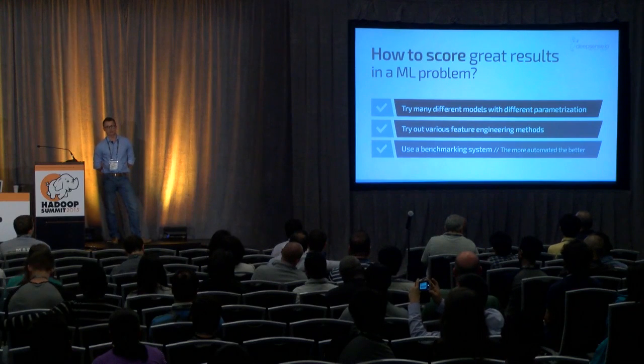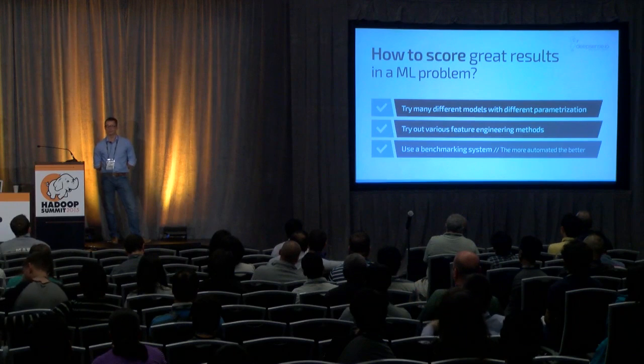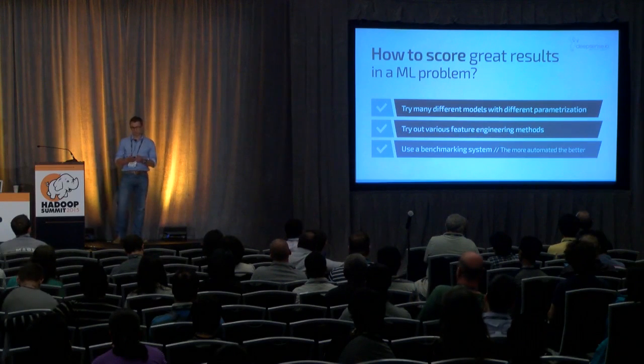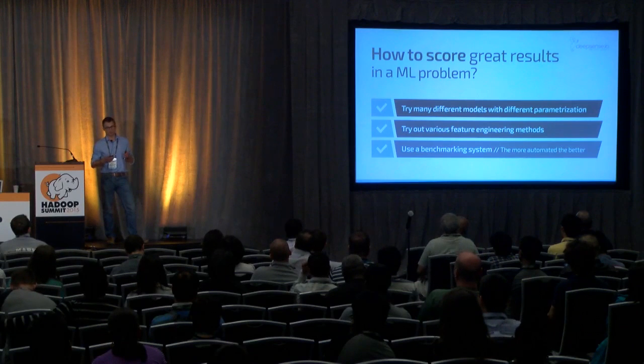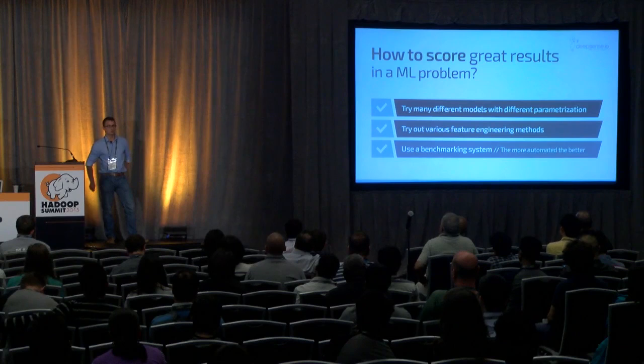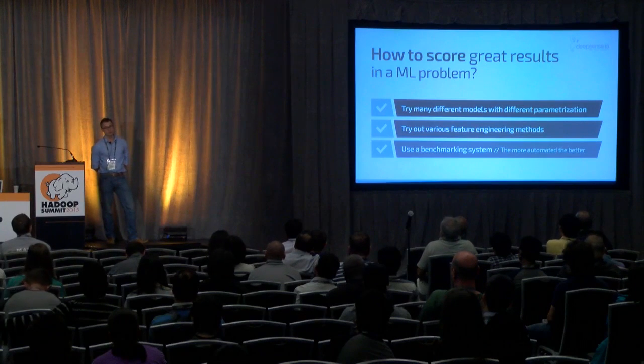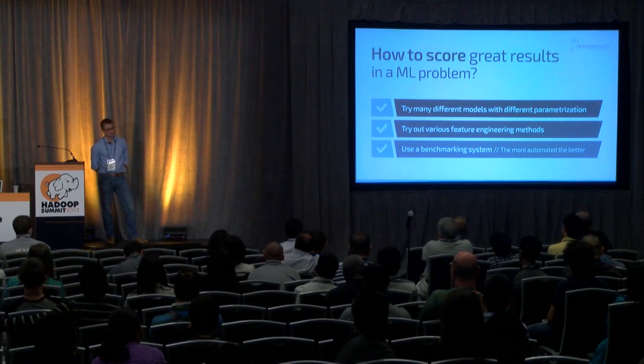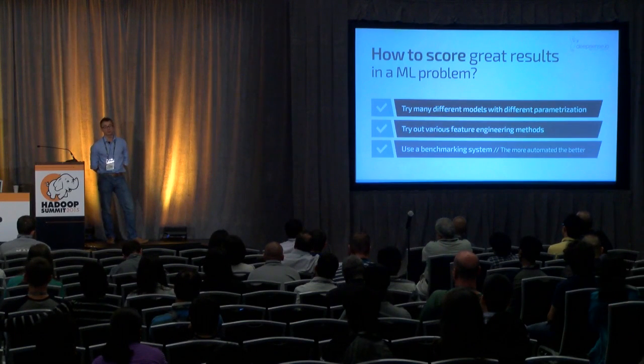The first answer is relatively easy, but implementation of this advice is harder. So basically, what to do to score a good result on Kaggle or to build a good machine learning model? You need to try many algorithms with different parameters and combine them with different data transformations.